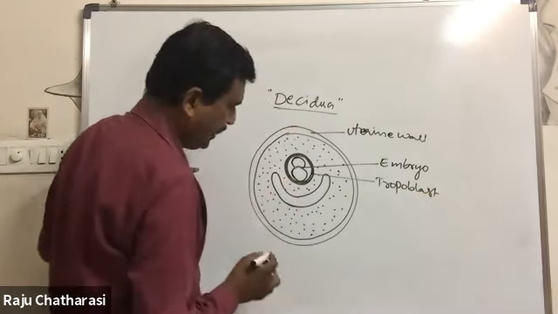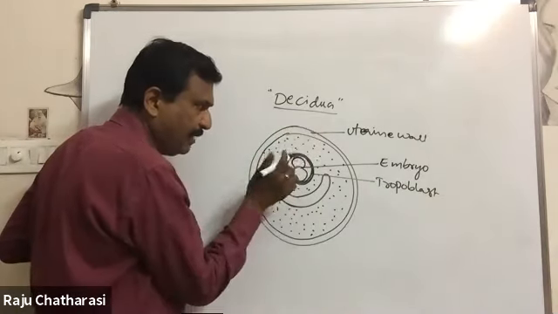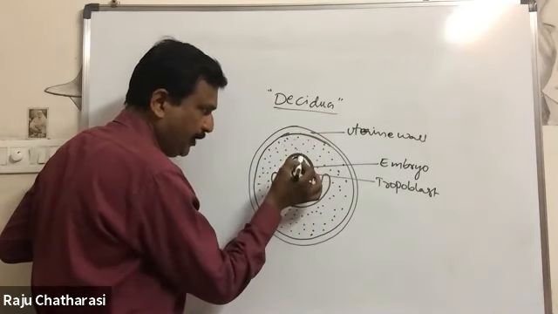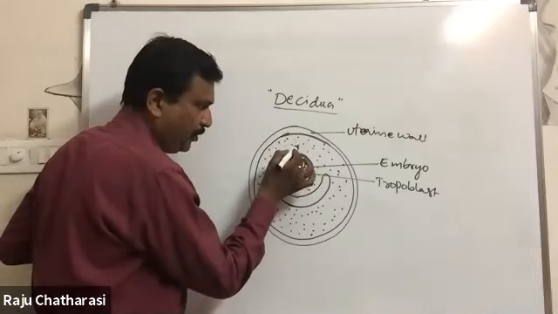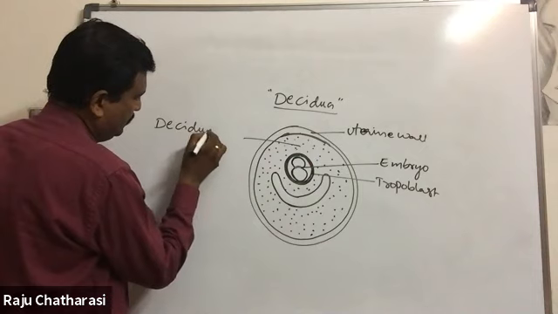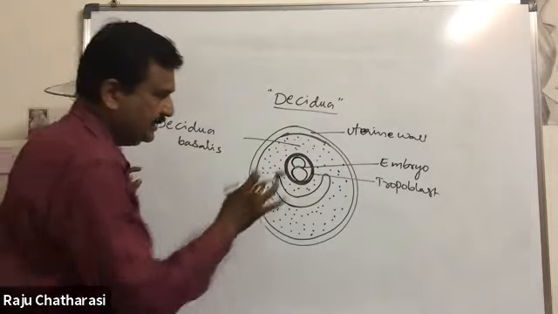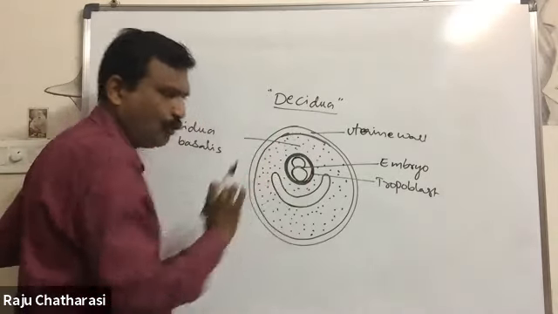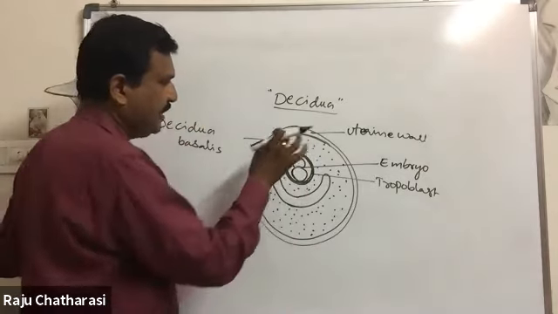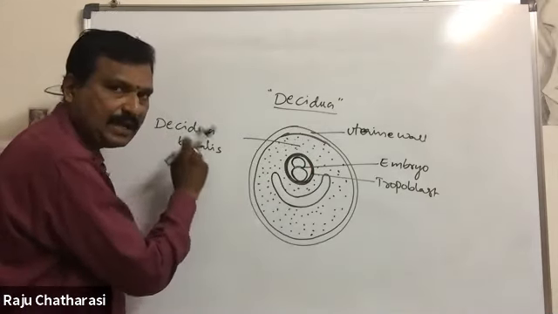Next, the decidual part which is present between uterus, meaning endometrium, and embryo is called decidua basalis. This is the basal part of this embryo. That is why this portion of decidua is called decidua basalis.